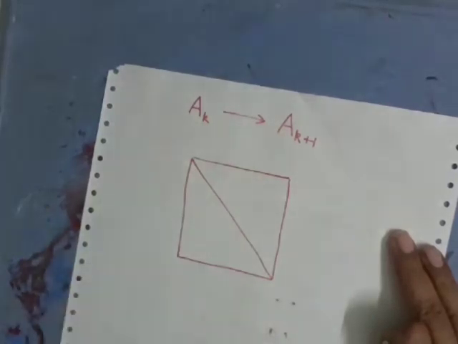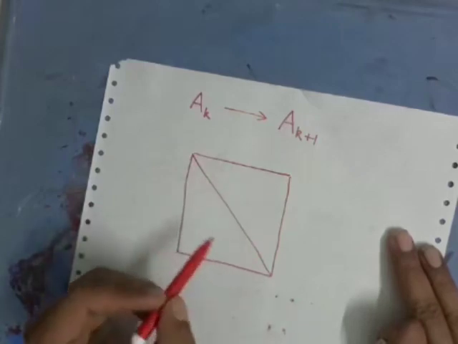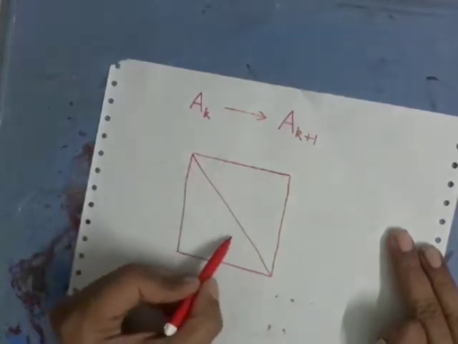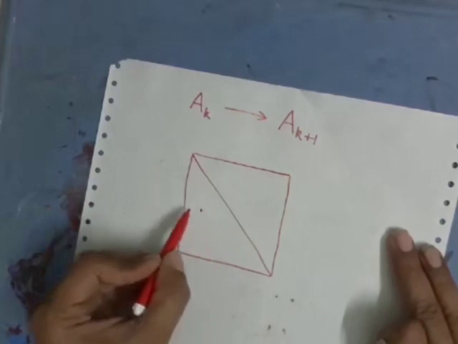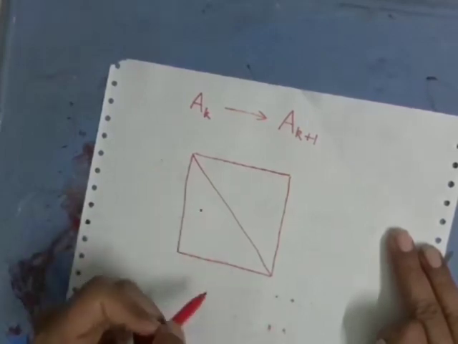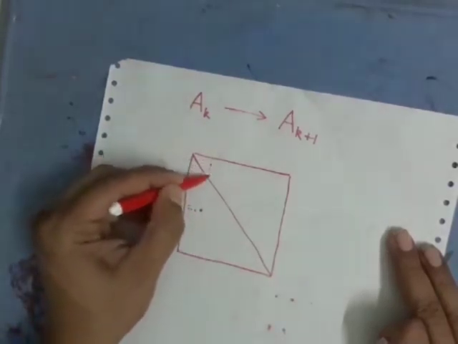Now how do you carry out the step? In this step we first find that particular off-diagonal entry which has the largest absolute value. Suppose that happens to be in row i and column j.